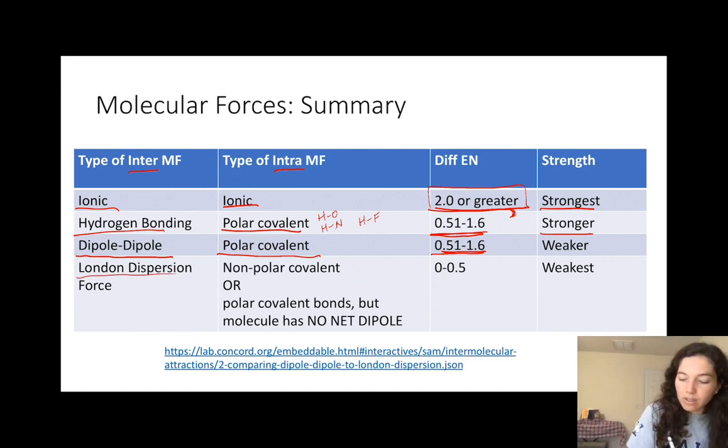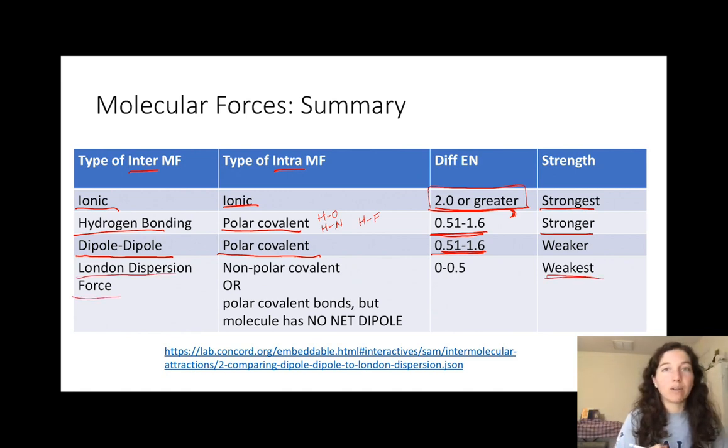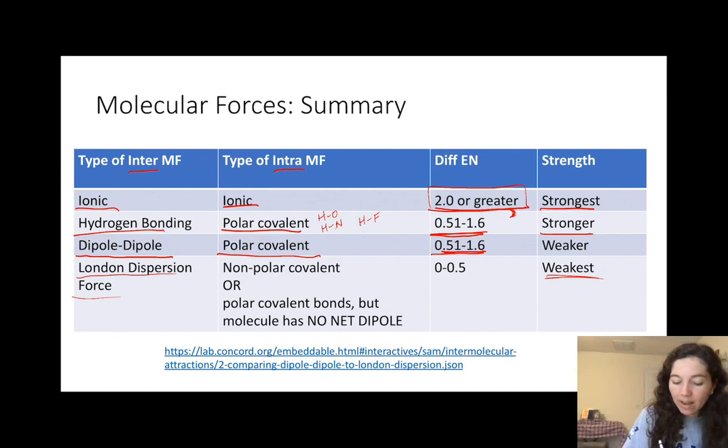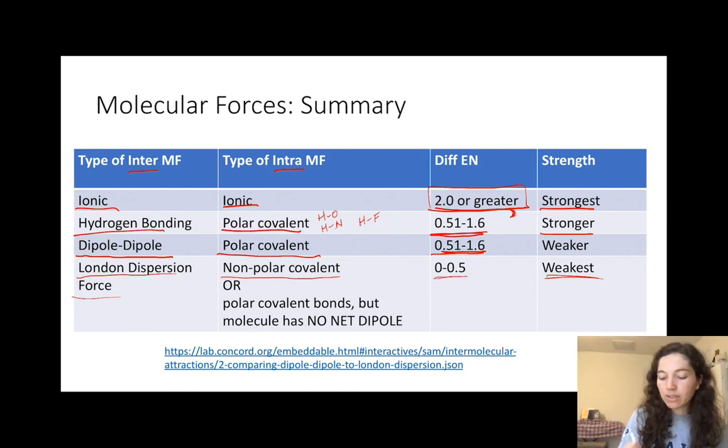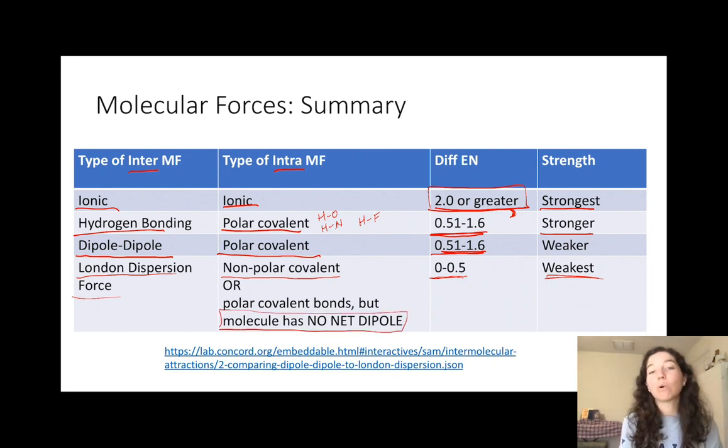London dispersion forces are our weakest type of intermolecular force, and they can occur with 2 different types of intramolecular forces. You can have nonpolar covalent force, which is this 0 to 0.5, or you might have polar covalent bonds, but the molecule must have no net dipole if it has polar covalent bonds, or it's not going to qualify.